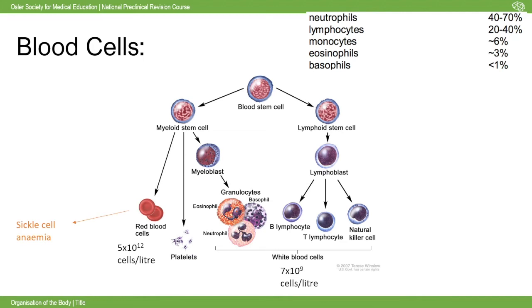Then moving on from our red blood cells to our white blood cells, the key thing within these is distinguishing them with your adaptive versus innate immune responses. You can see the cells derived from our myeloid stem cell are going to be our innate cells. These are our eosinophils, neutrophils, and basophils.